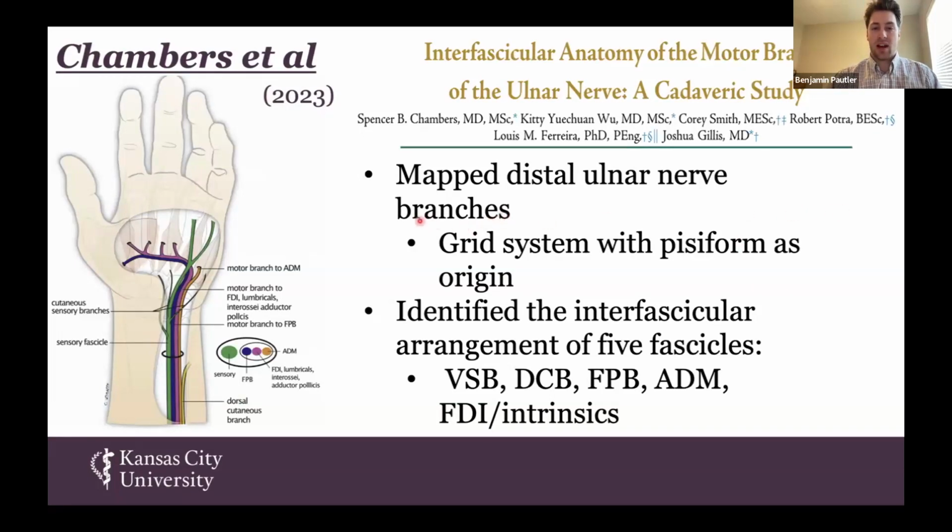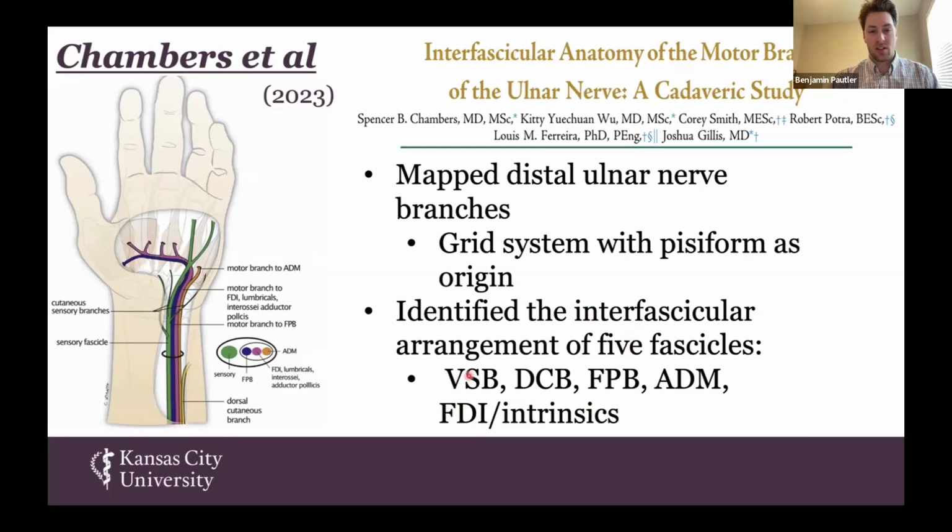Their project set out to map the distal ulnar nerve branches via a grid system with the pisiform serving as an origin. They also identified through interfascicular dissection the arrangement of 5 fascicles.